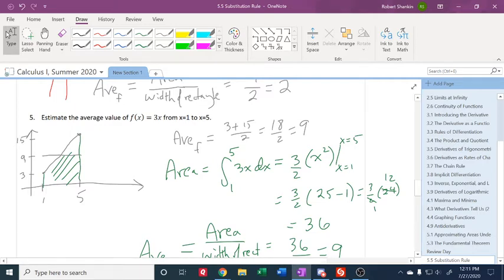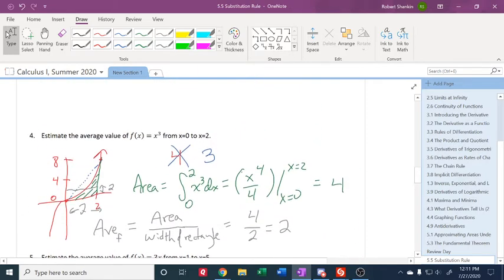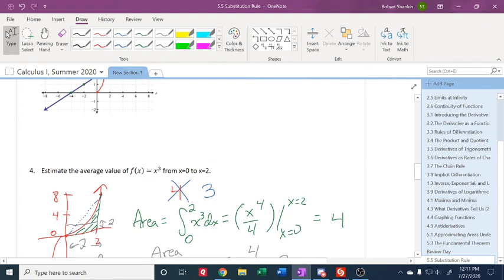And this idea of the average value of a function is something I use all the time when I take an integral. Let me come back to this one over here. If I was asked to take this integral from 0 to 2 of x cubed dx, I usually never do these steps directly.